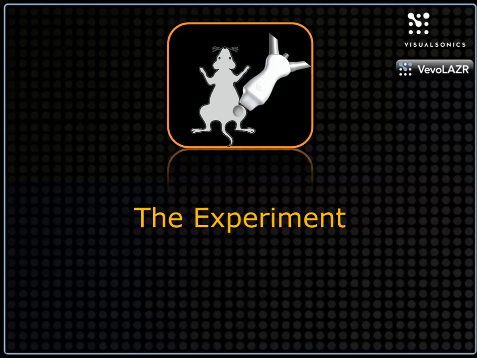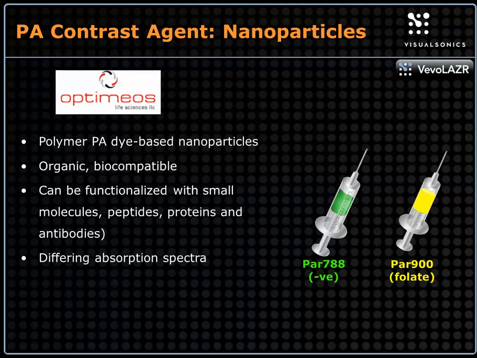Okay, let's start talking about the actual experiment that we ran for this tutorial. The contrast agent that we're using, I'm going to start there because there are many different kinds of contrast agents, and one class of contrast agents that can be used with photoacoustics as well as some other imaging modalities are nanoparticles.